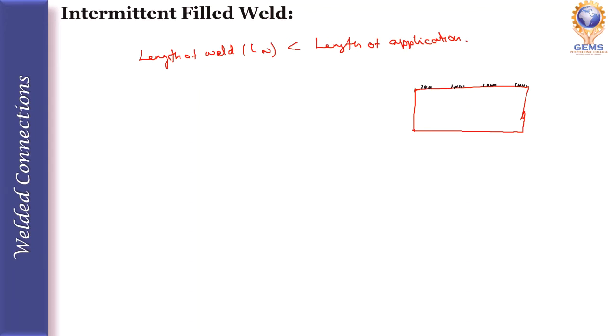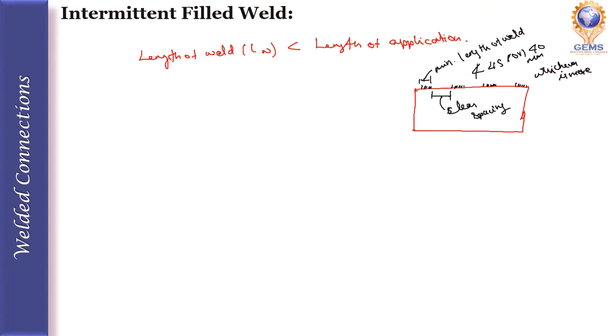So the minimum length of weld required should not be less than 4t or 40 mm, whichever is more. Whichever is more. This is the clear spacing.